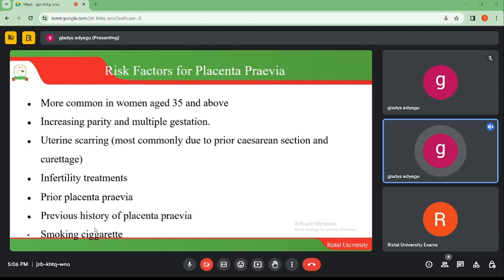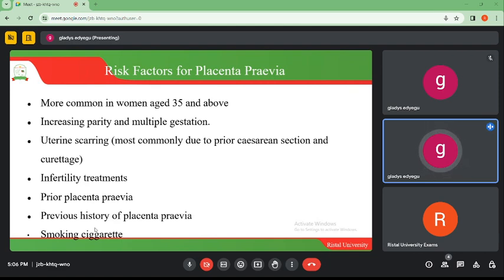Then uterine scarring. Uterine scarring, as I've explained already, is most commonly due to prior cesarean section and curettage. Curettage can be done if a mother has had an abortion, removing the remaining products of pregnancy. But it can end up injuring the inner layer of the uterus, the endometrium, and ends up with scars.